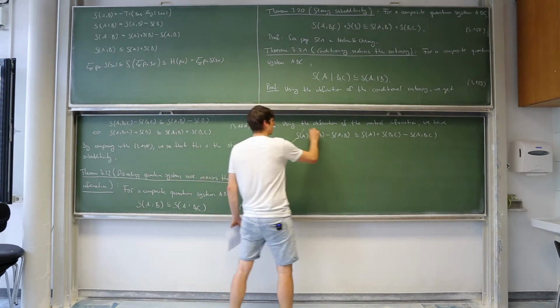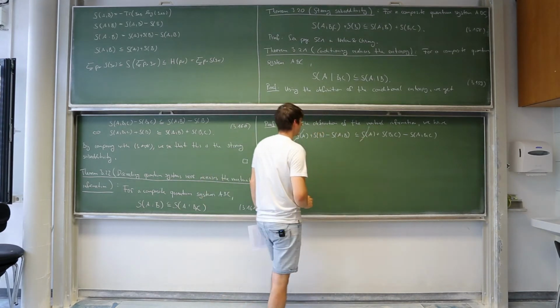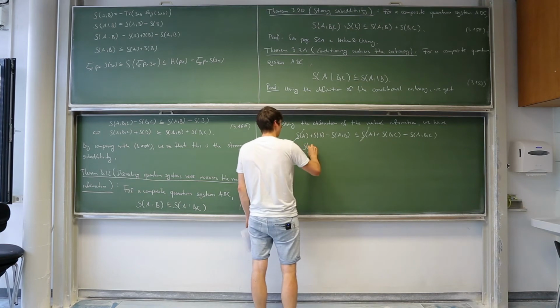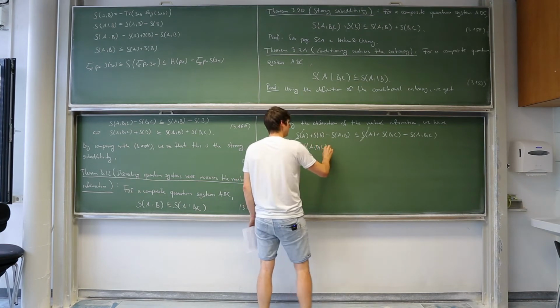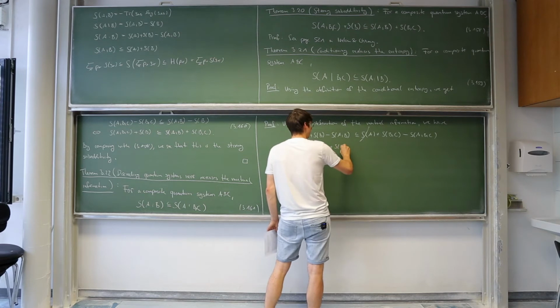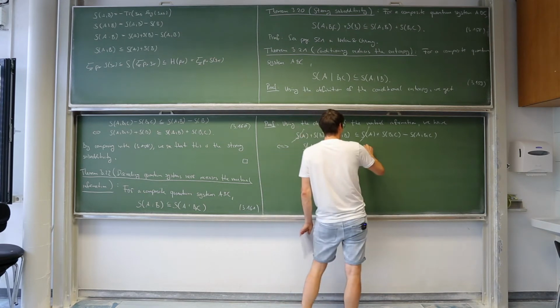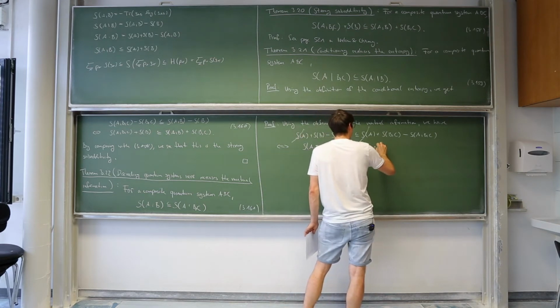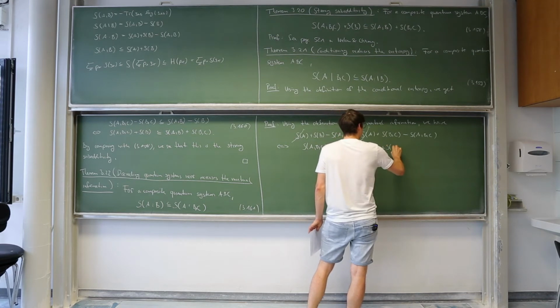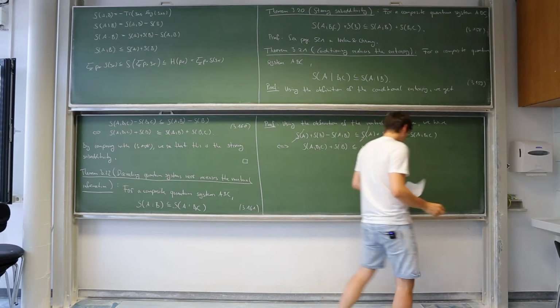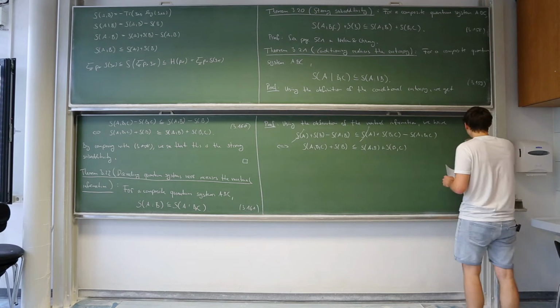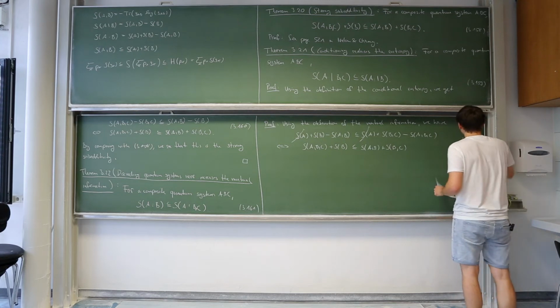Here we see that the entropy of A cancels. Now, rewriting this, we get the entropy of A, B, and C plus the entropy of B, smaller or equal to the entropy of A and B plus entropy of B and C. And this again is strong subadditivity.